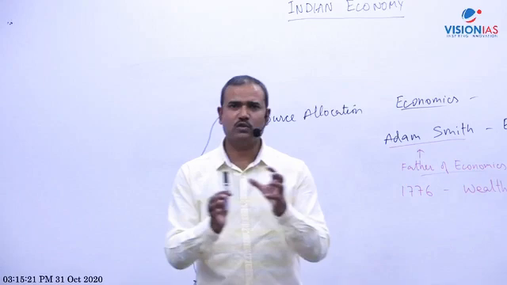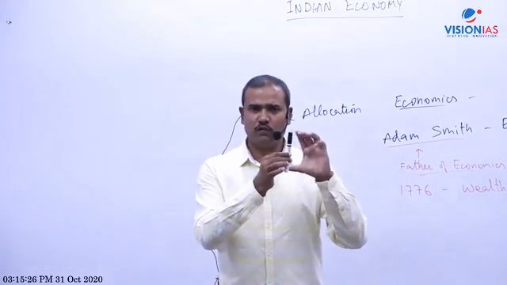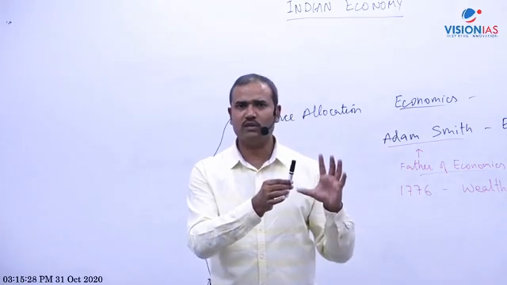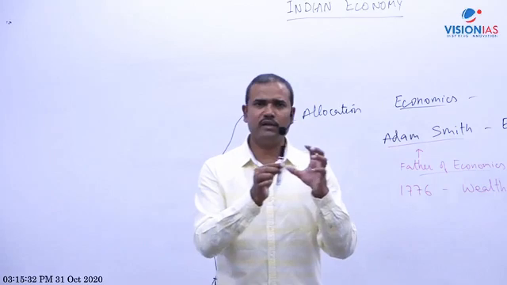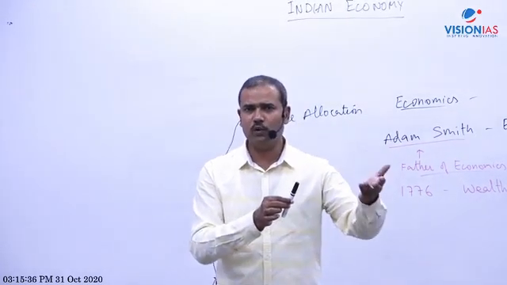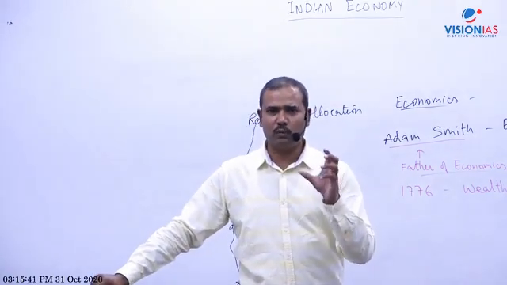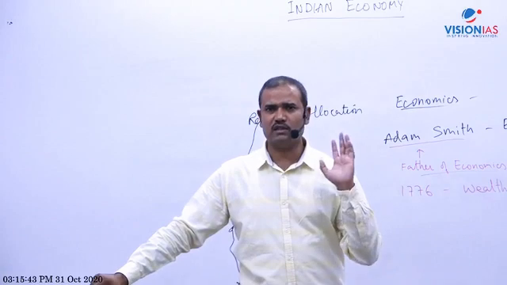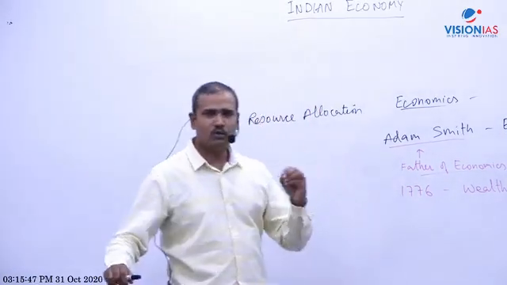For producing any good we need resources, so if we want to produce more, we have to allocate more resources. So the main objective of economics is to make optimal use or proper use of our scarce resources. Clear? This is the core concern of economics.